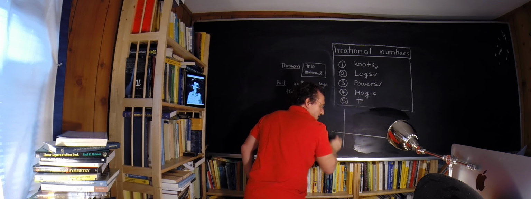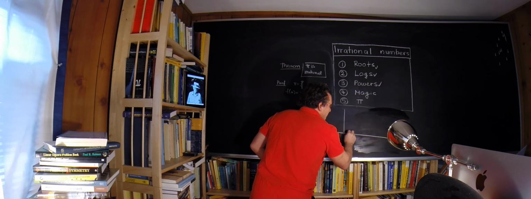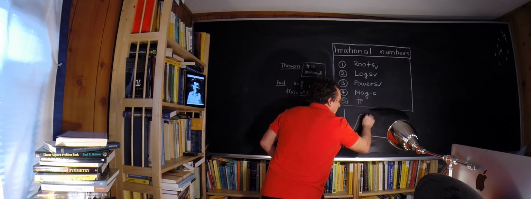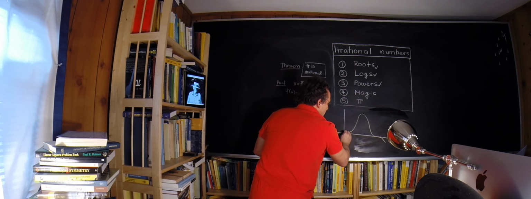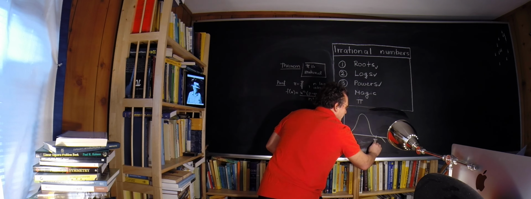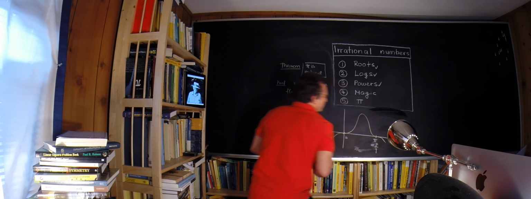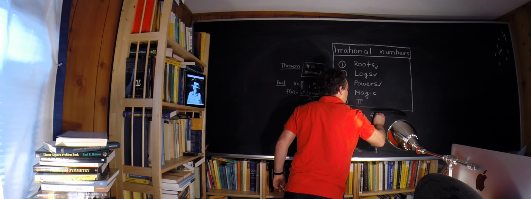This is positive. If you look at it, it's pretty flat here. Then it goes up, and then it's again flat, and then it becomes negative here. So this is 0, and this is pi, which is equal to p over q. So this is the function f of x.